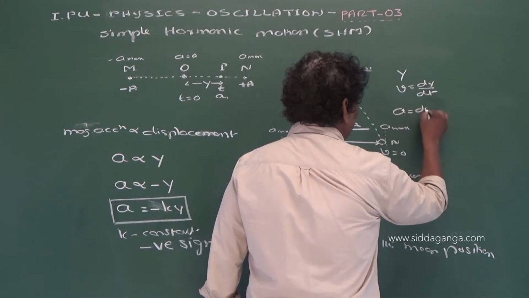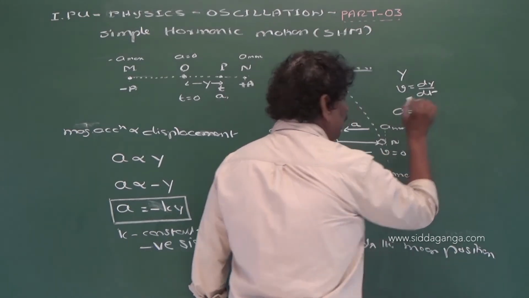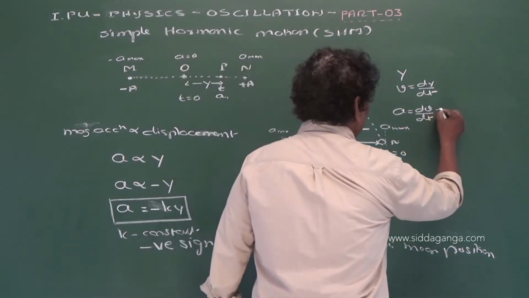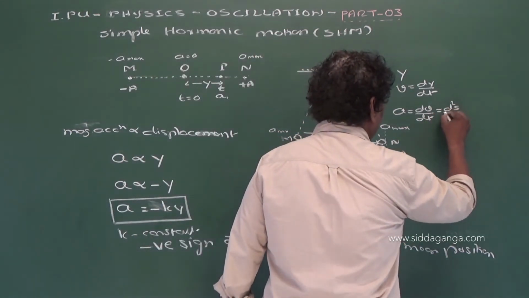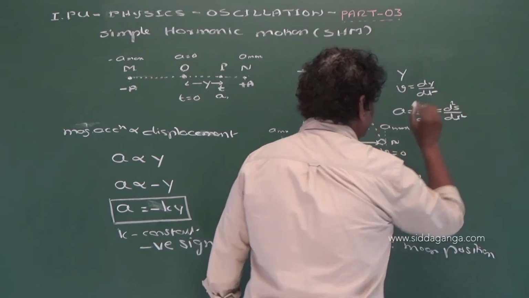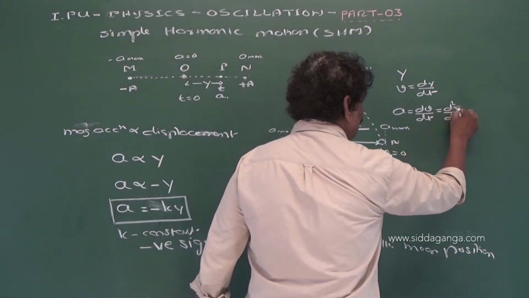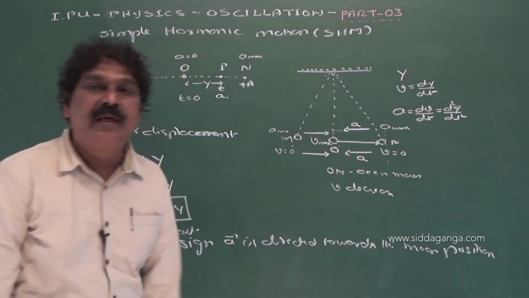Acceleration is equal to the time rate of change of velocity, or it is d square y by dt square.